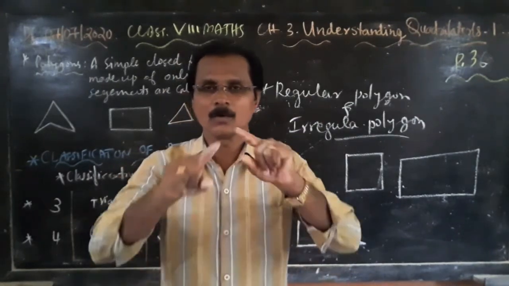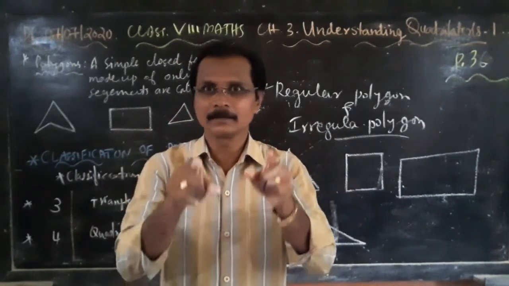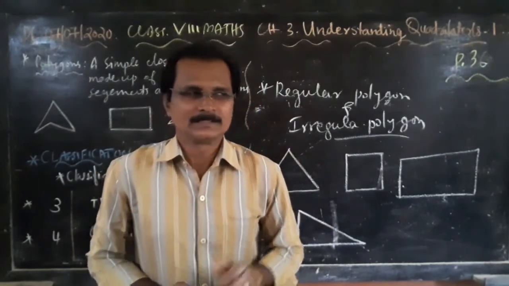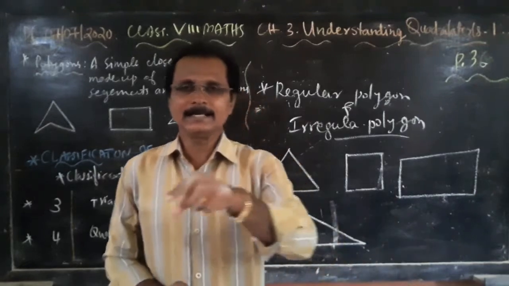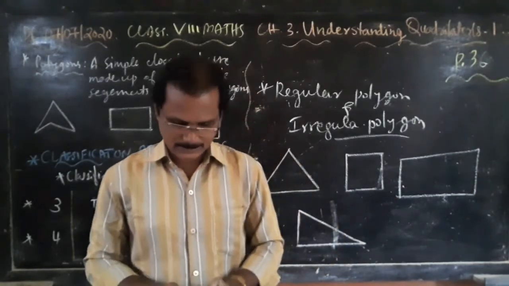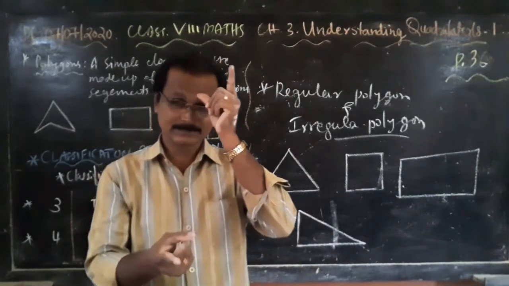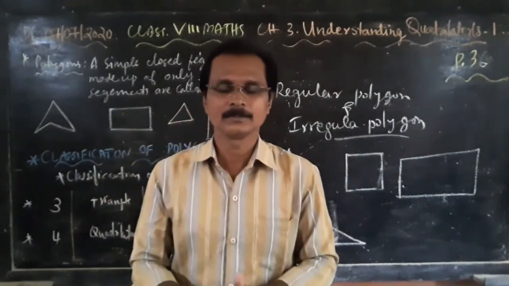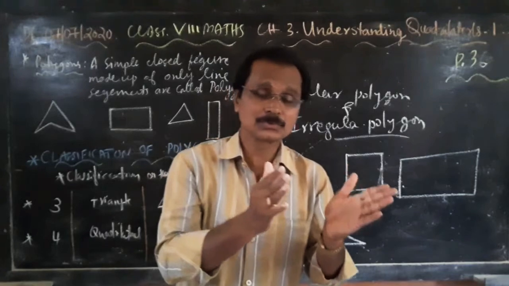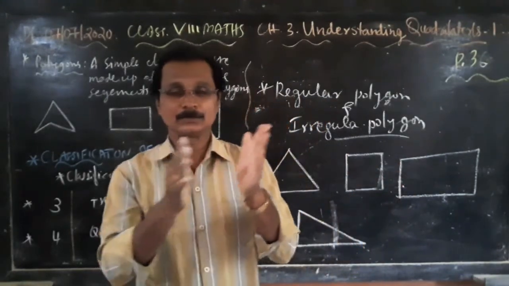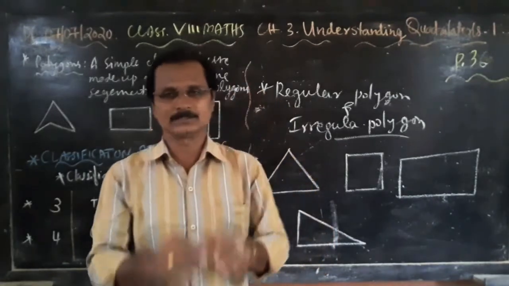Equilateral means all the sides are equal. A regular polygon is both equiangular and equilateral. These two conditions should be satisfied.